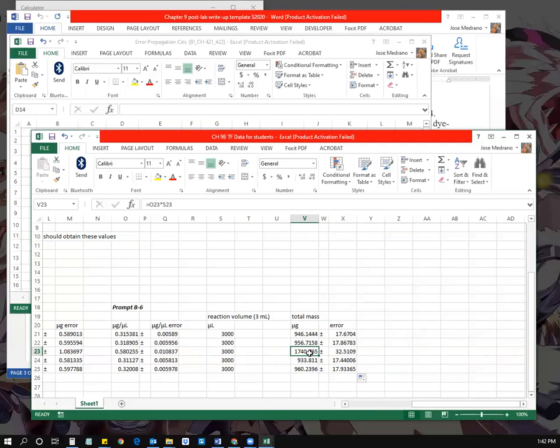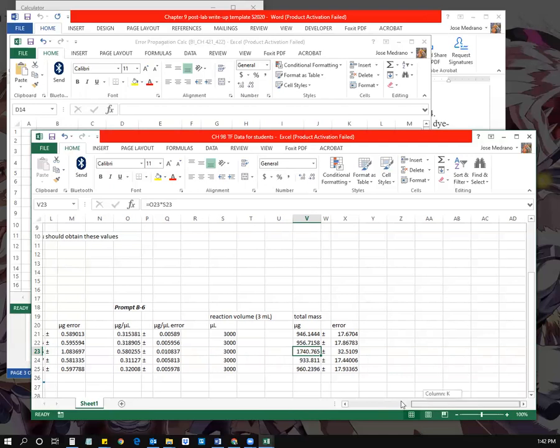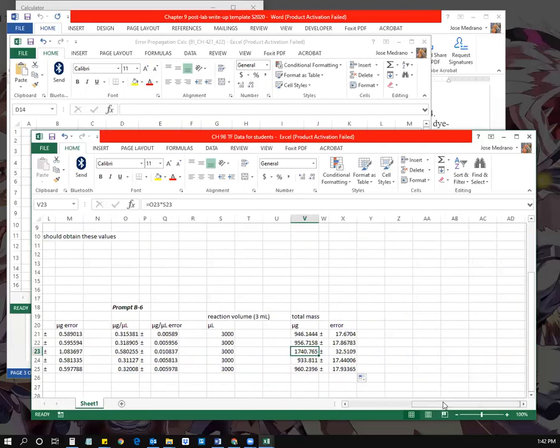But for reaction 5, this value is overblown. The reason is that if you remember how you set up reaction 5 for your DTNB reactions, this has SDS in it. We needed to put SDS in there to denature the GAPDH to get as many sulfhydryl groups as possible reacted with the DTNB. But because we took some of that sample and applied it to a dye binding assay, and SDS is an interfering substance that overskews the value, it makes it look like there's more protein in there when there isn't.